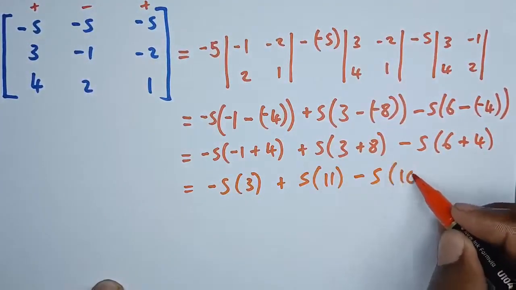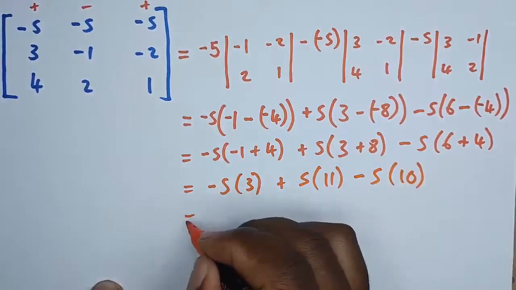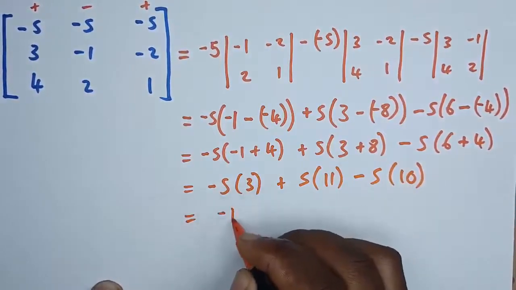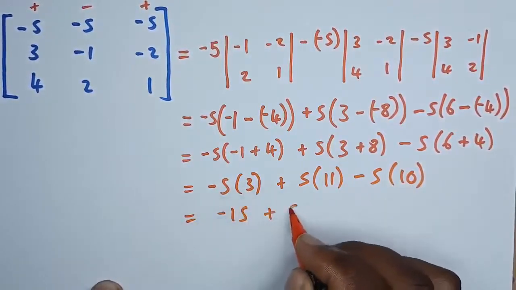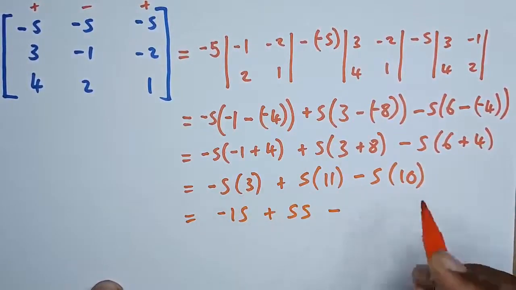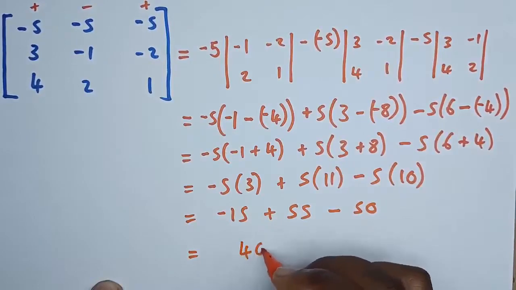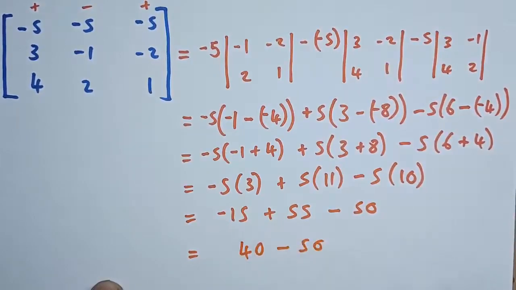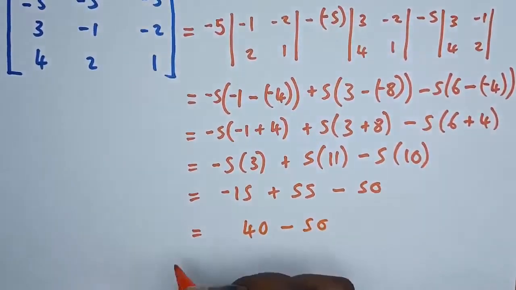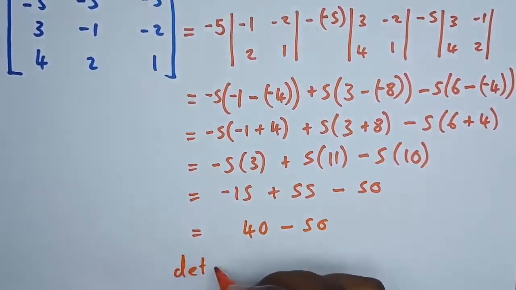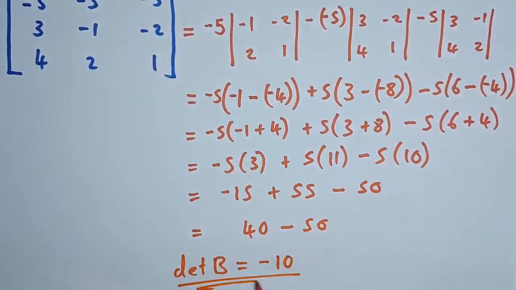This will give us 10. Next part, this will give us -15 plus 55 minus 50, like that. -15 plus 55 should give us a positive 40, minus 50, meaning that our final answer, which is the determinant for B, is simply equal to -10.